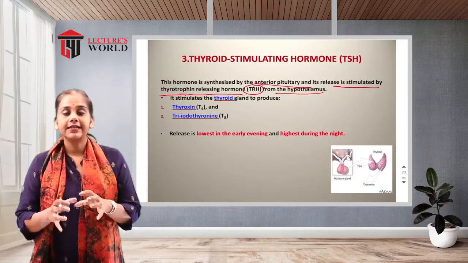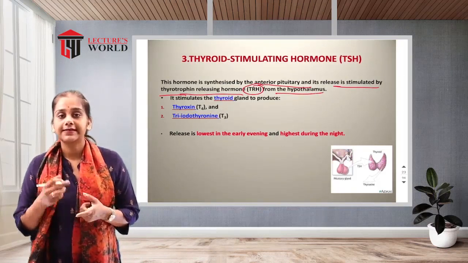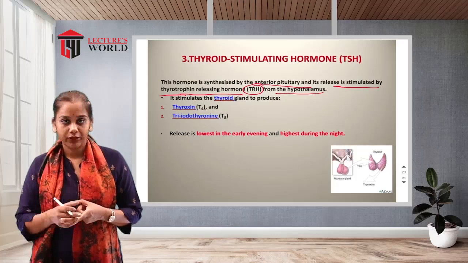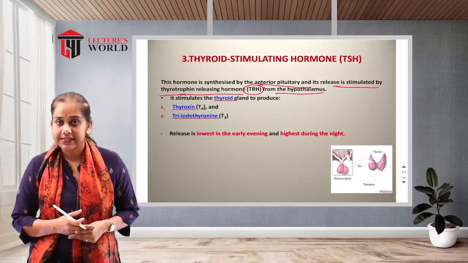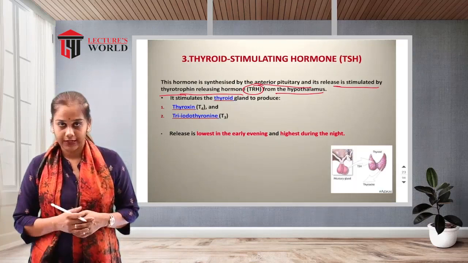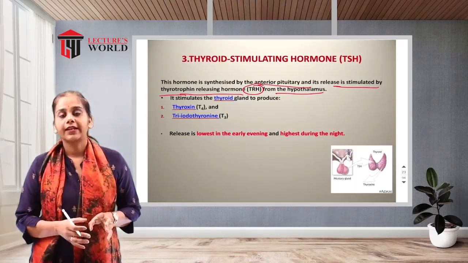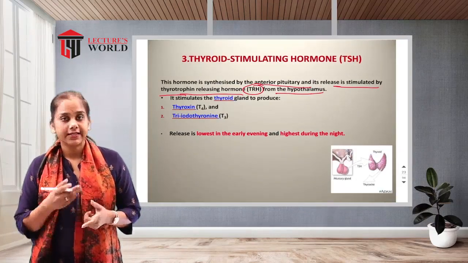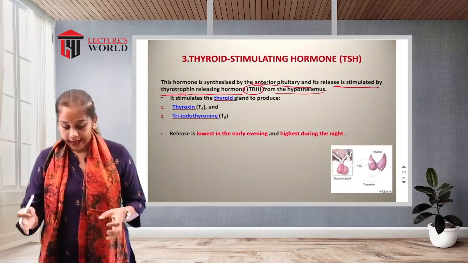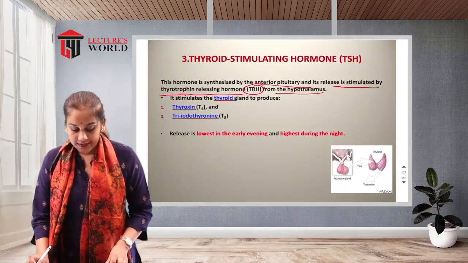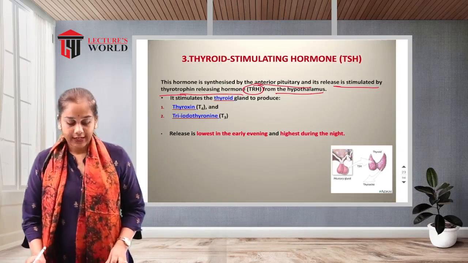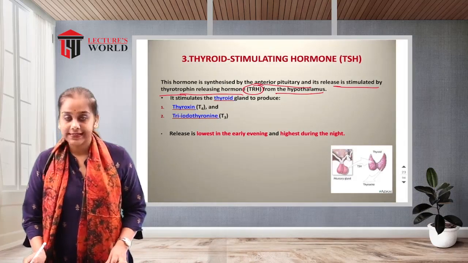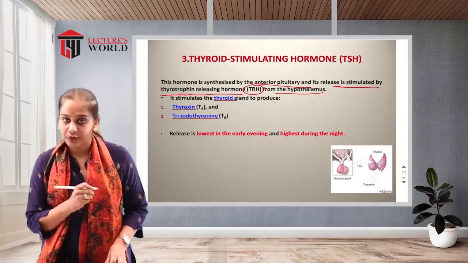So from the anterior pituitary they synthesize thyroid stimulating hormone, and the controlling or releasing hormone is TRH, thyrotropin releasing hormone, from the hypothalamus.